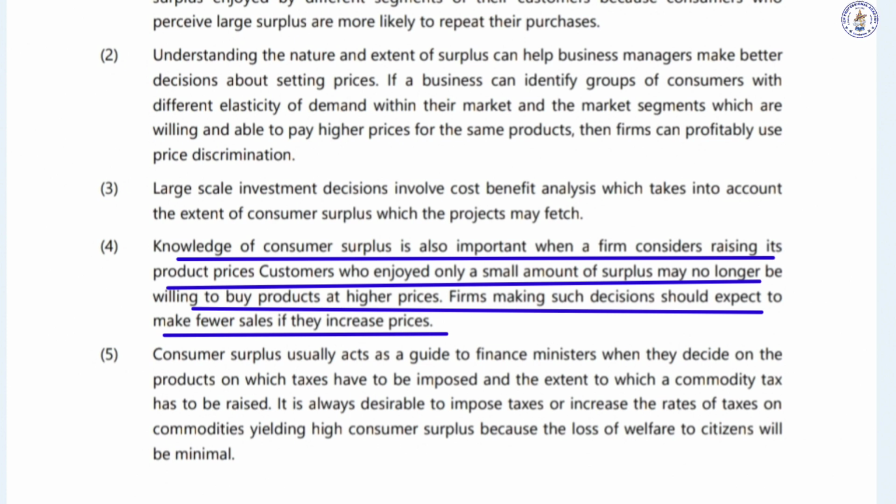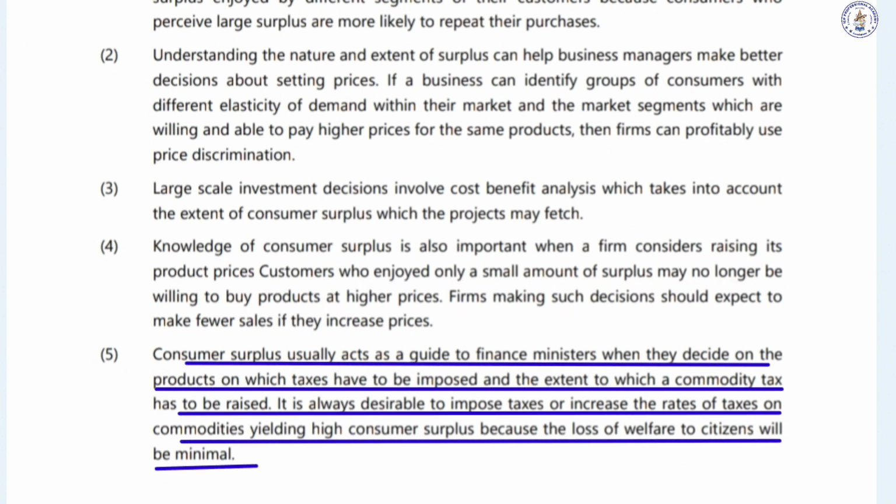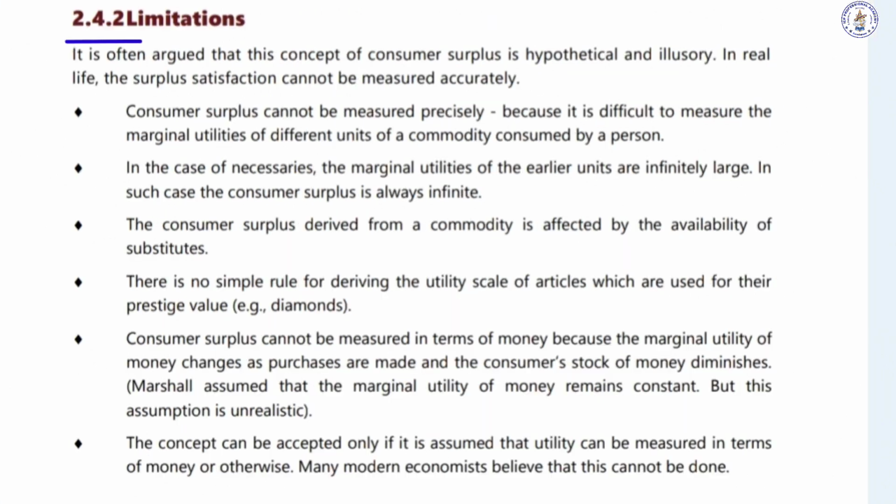The fifth one is that consumer surplus helps the government decide upon the tax they can levy on certain products, either to decrease or to increase it. Because if the consumer's happiness is reduced, then that will reduce the income, or that will not be a welfare measure for the citizens.